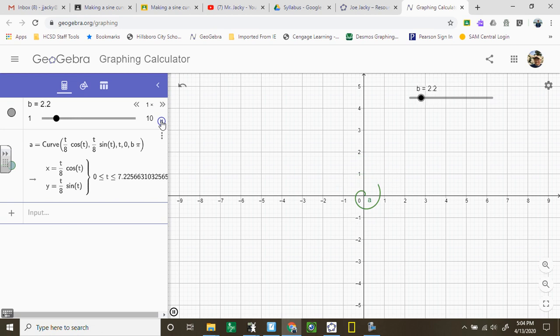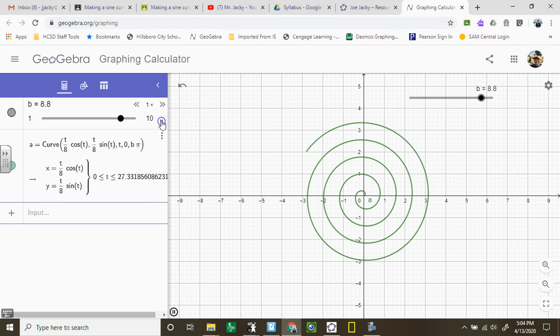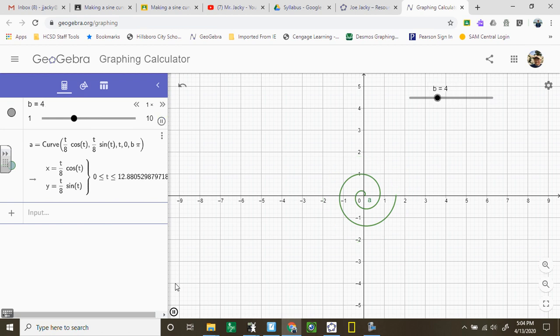Now hit play, and we can watch the spiral of Archimedes get bigger, and it goes around and around. Okay, and pause. Now we have to save this. It's a reminder of how to do this.